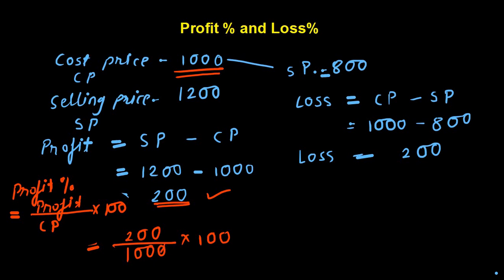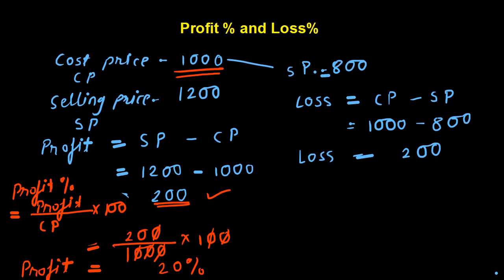Two zeros are crossed. What is remaining? 200 divided by 10, and crossing out the 10, what is remaining is 20. So yes, 20% profit.